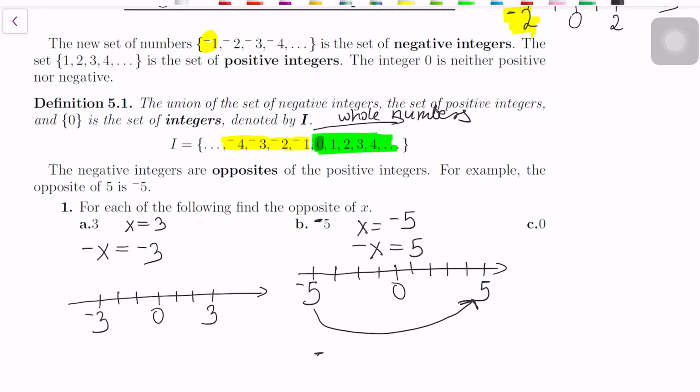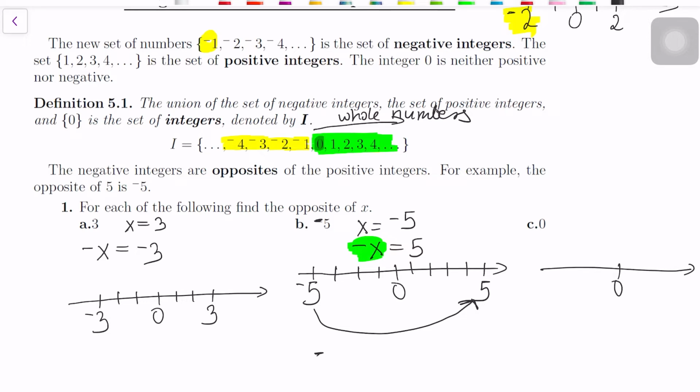So notice that I want to emphasize here one thing, that the minus x does not necessarily mean that the number is negative. Here, minus x is 5 because x was -5. So minus x just means the opposite to x, which can be both positive and negative, depending on whether the x we started with was negative or positive. And what's the opposite to 0?